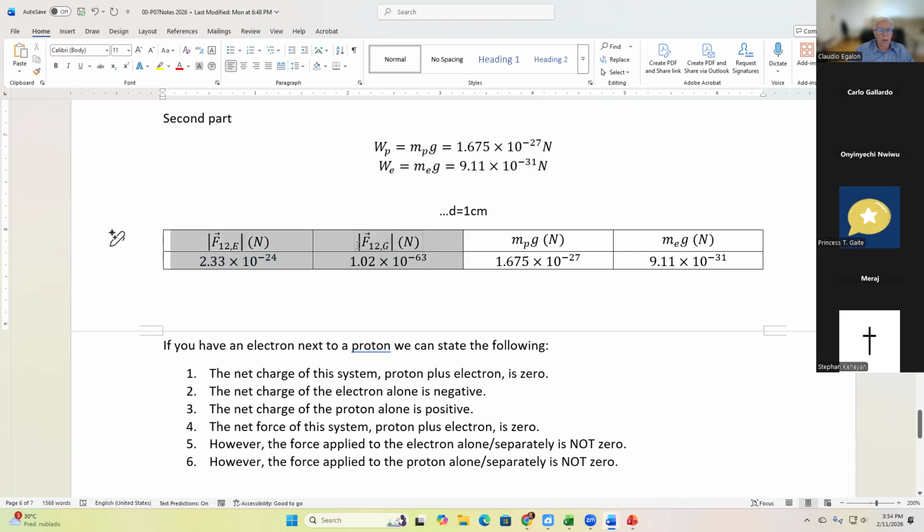Again, note, I'm repeating that the electric force is several orders of magnitude greater than the gravitational force of attraction between those two particles.